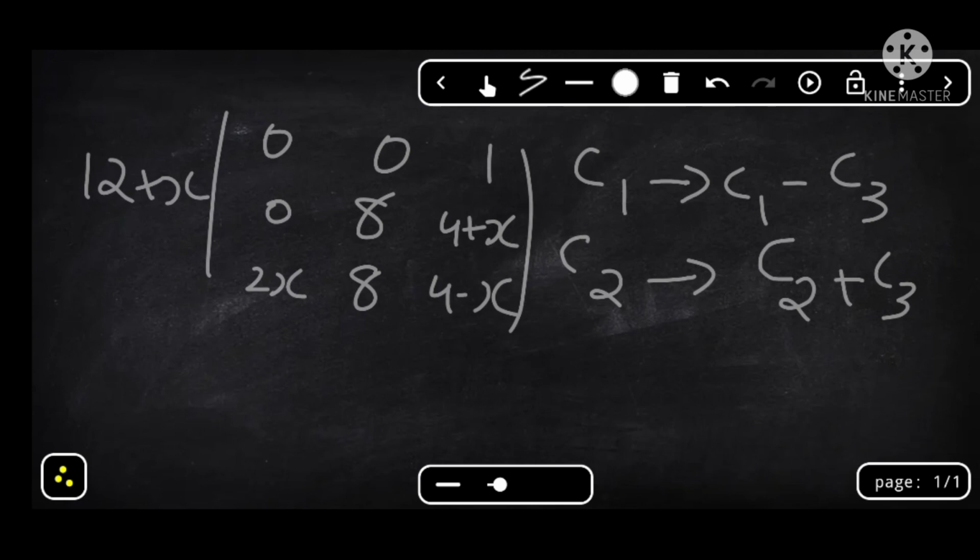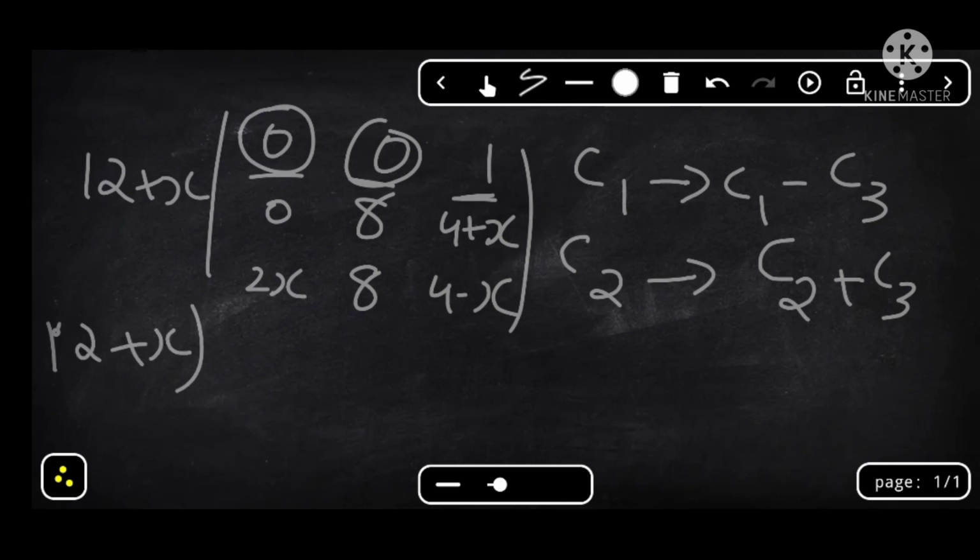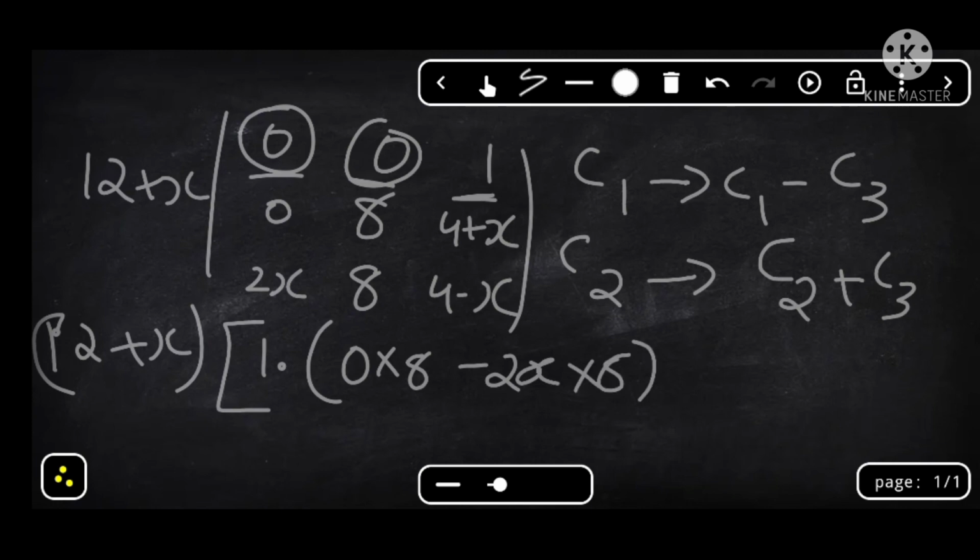Okay, so we'll get like this. And since these two elements are 0, we don't want to consider the determinant of this first two elements. So just need to consider for 1. So we can solve it as 12 plus x into, in brackets, 1 into 0 into 8 minus 2x into 8 equal to 0. Okay.